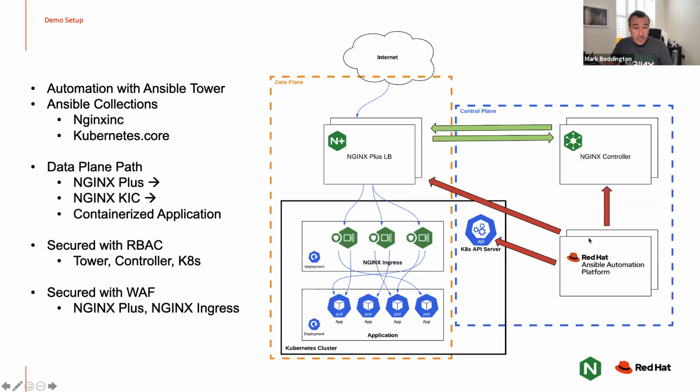It's also going to be talking to NGINX instances, again using the controller collection, but it's going to connect to NGINX running as a load balancer in front of Kubernetes to deploy agents. And then it's going to be managing the ingress controllers as well as the applications by talking to the Kubernetes API server. So we're going to automate all of this, both traditional load balancer deployment as well as new modern ingress controllers, all through a single Ansible Tower deployment.